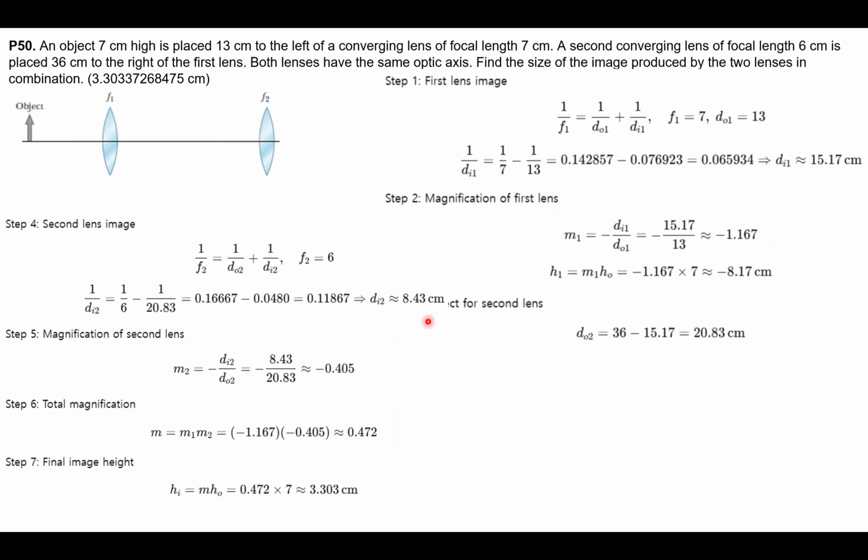Once you get di2, the magnification is given by di2 over do2. So we have to think about the first image, the second object, and the second image, and then we get the magnification factor. The total magnification is M1 times M2, and it is given by this. The final image height is this one.